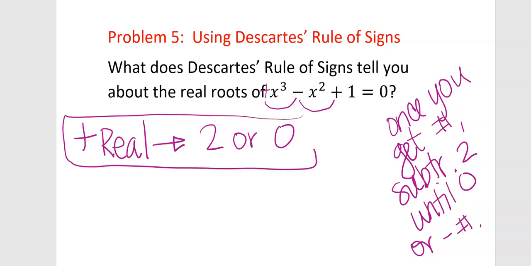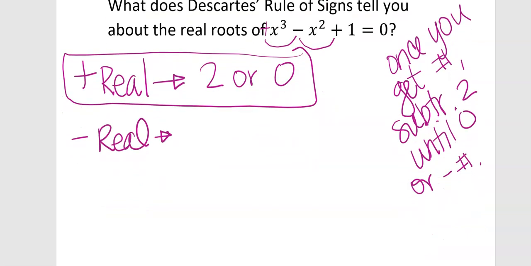Now, how do you get the negative ones then? We're going to plug a negative x into the original equation.